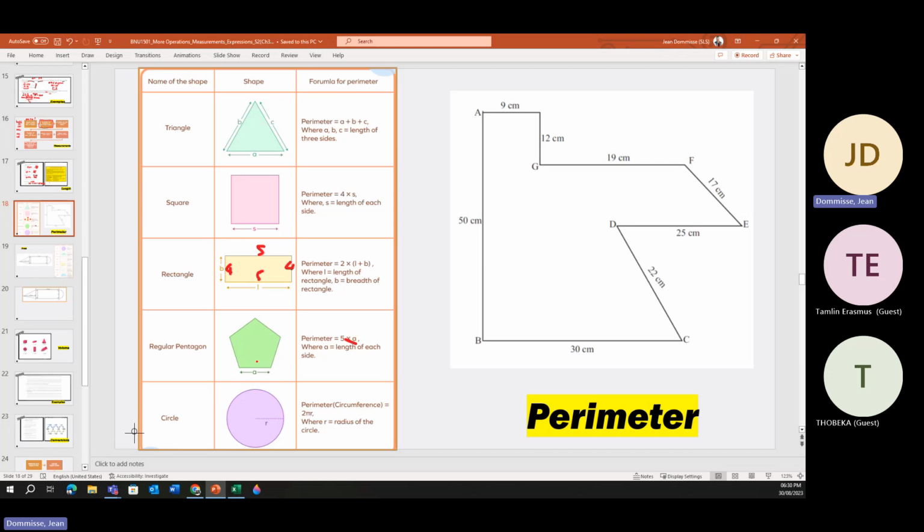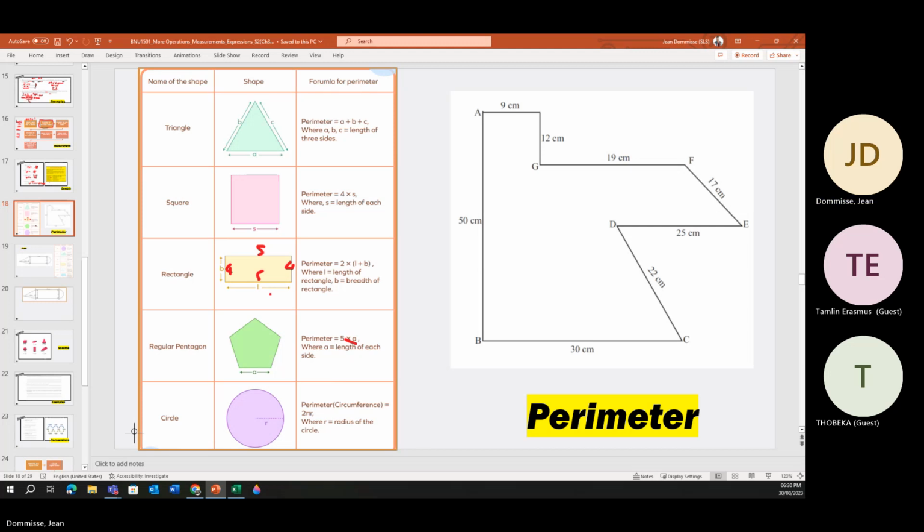If it was 6, you just say 6 times, and if it was 7, 8, 9. Every time you add another side, remember the sides are still the same. So if it was 8 sides, just say 8 times what one of the sides was.